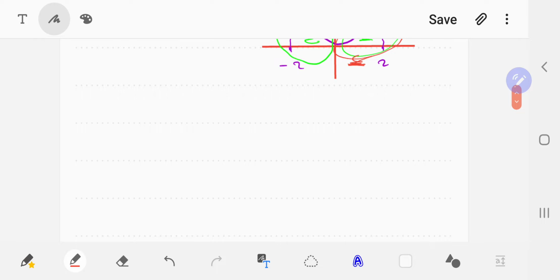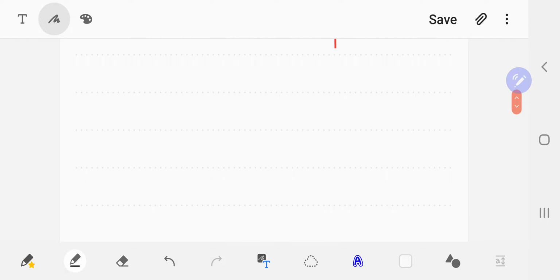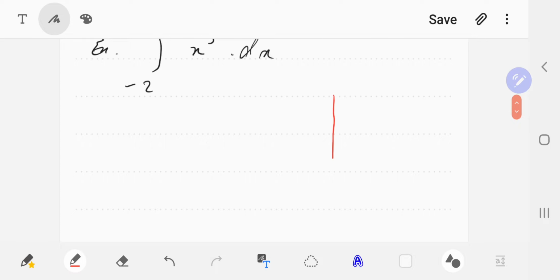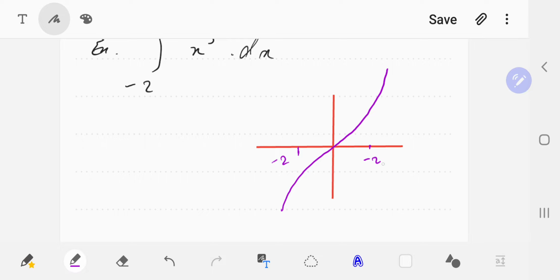Now, what about the odd function? If I'm talking about integration of x cubed from negative 2 to 2, does it have the same meaning? Let's check by drawing. If I'm talking about x cubed, then it will be something like this, from negative 2 till 2.